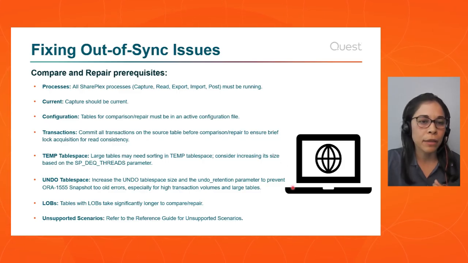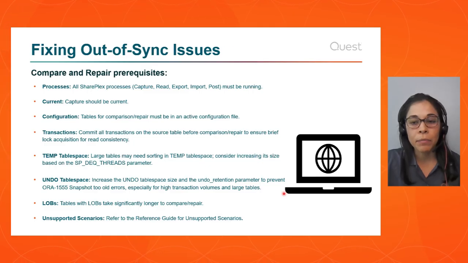Also, you can adjust the undo tablespace for large or high volume tables to avoid any snapshot too old error. Tables containing LOBs take longer, so please check if you can add more resources for those tables when you are going to run the compare or repair utility.